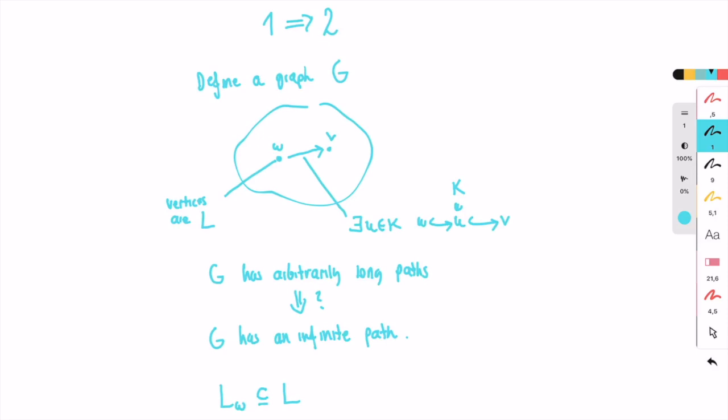Well, no, okay, let me put it maybe differently. Define for W its potential.